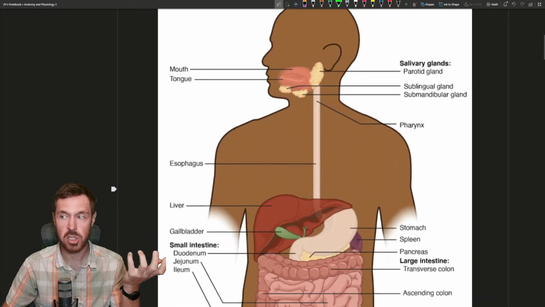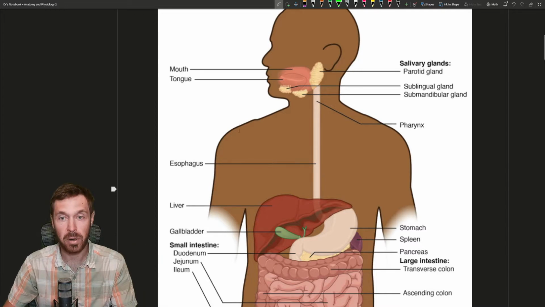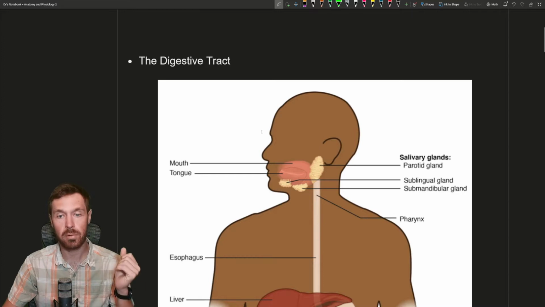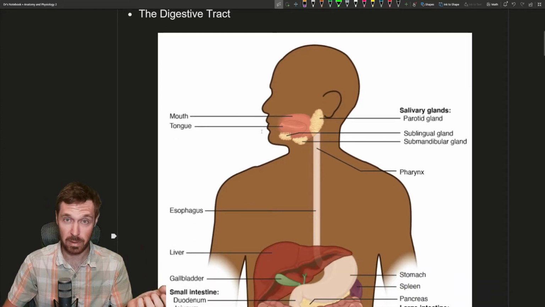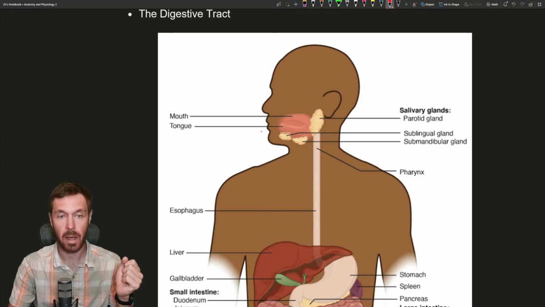So here is just a general overview of the digestive tract, also known as the alimentary canal or gastrointestinal tract. So GI tract, digestive tract, alimentary canal, all of that is just the tube going through our body. And along the process of that tube, there's a whole bunch of different events that take place.